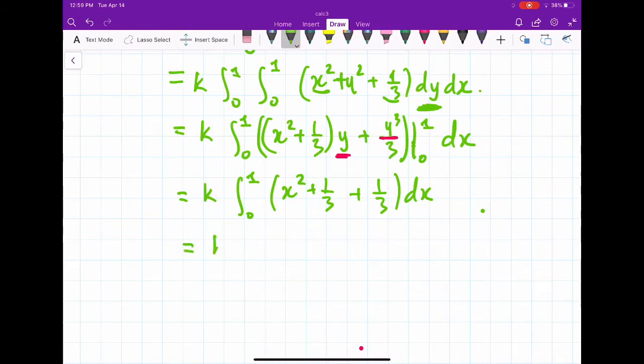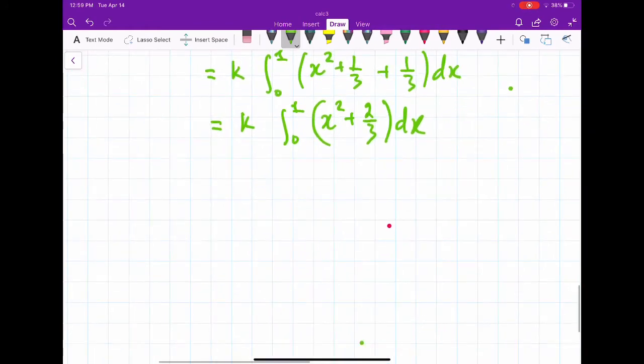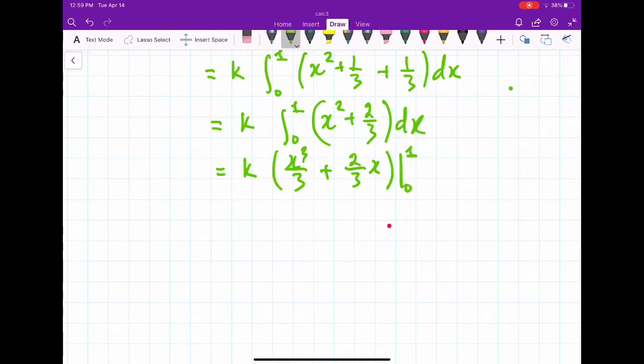So I have k, integral from 0 to 1, of x squared plus 2/3, dx, which is pretty easy because the antiderivative of x squared is x cubed over 3, and 2/3 x in here. This is evaluated from 0 to 1. Again, at 0, the function is 0. At 1, the function is equal to 1/3 plus 2/3, and that is just k.